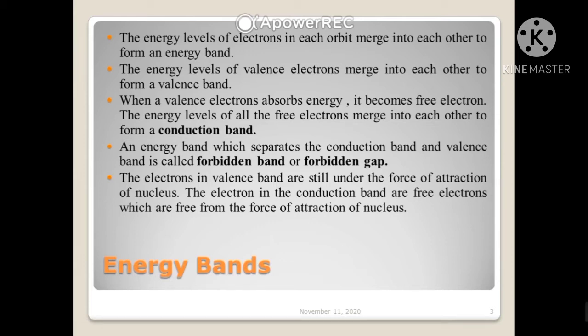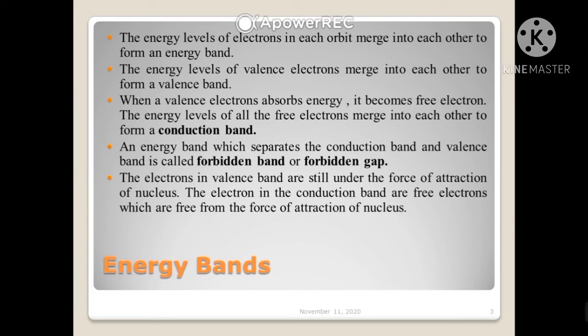So electrons of the last shell become free from the shell and are called free electrons. The energy levels of all free electrons merge into each other to form a conduction band. That is, the electrons free from the shell have an energy level, so free electrons together become a conduction band.